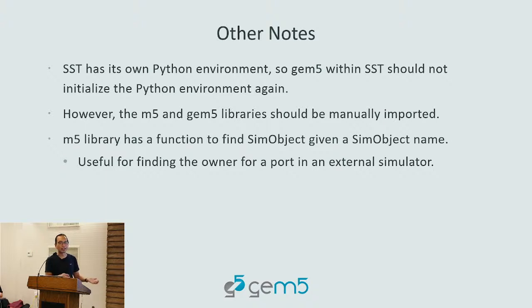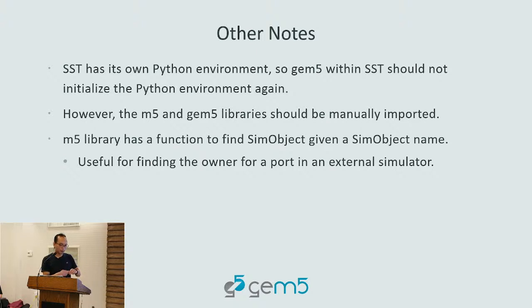In that case, you cannot use gem5's instantiation call, but you have to modify it so that it will work in an environment that has already been set up. And then you need to manually import the m5 and gem5 libraries.